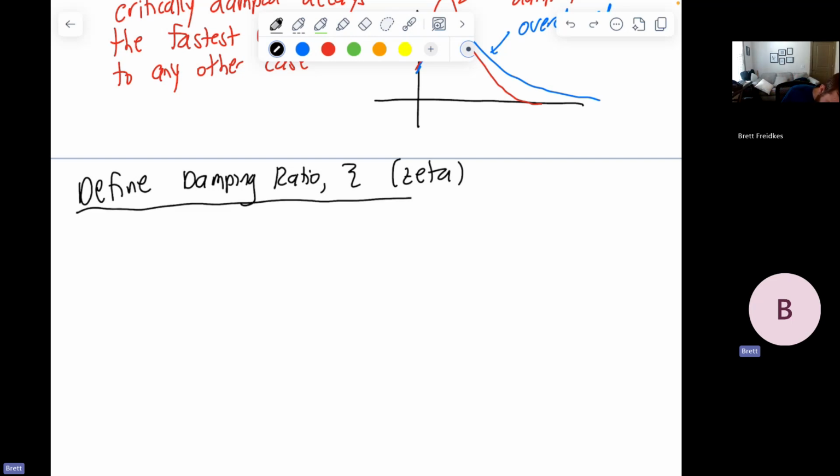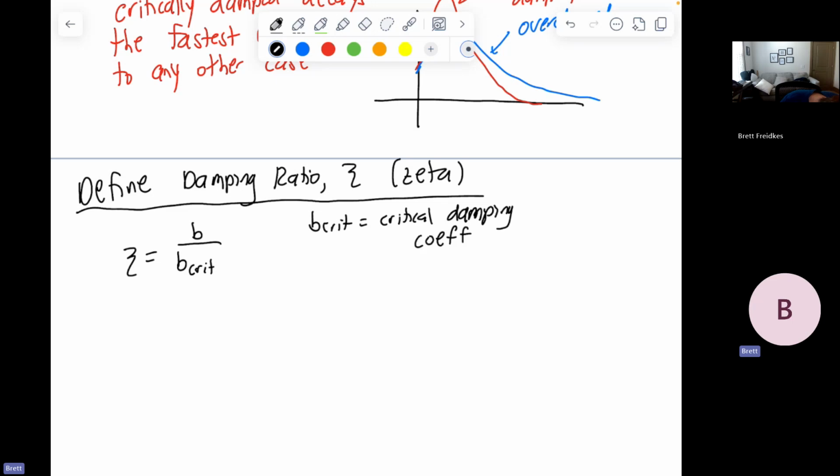The damping ratio is the ratio of the damping coefficient, which depends on the system we're looking at, divided by what we call the critical damping coefficient, B crit. Really what we're interested in is some reference point to determine what our values are.